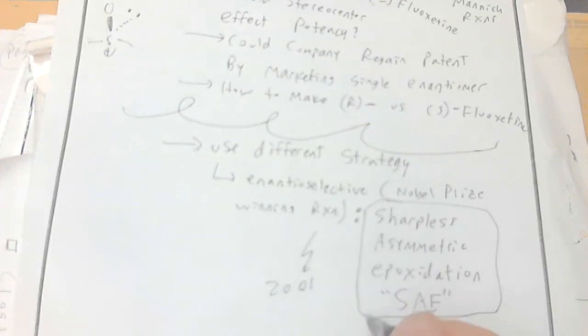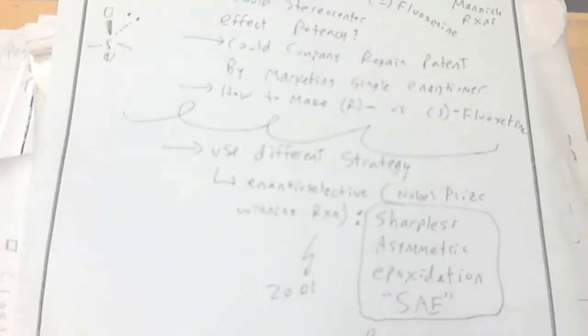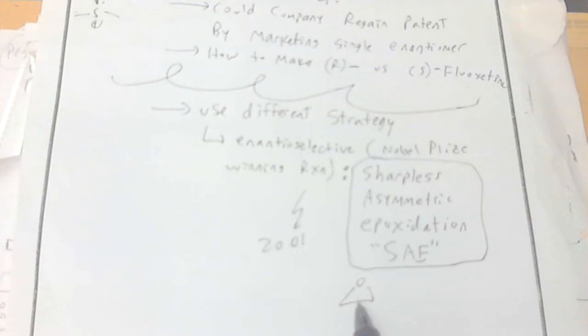What's an epoxide? It's this, right? It makes epoxides asymmetrically, very nicely. Okay. All right, so what is this new cool route? And let's review also, how do you make an epoxide using your plain old organic reactions?